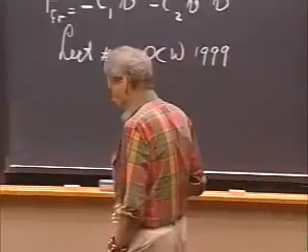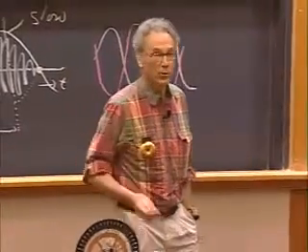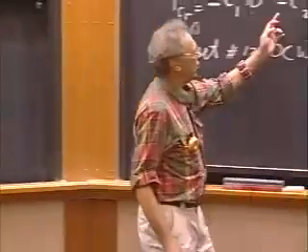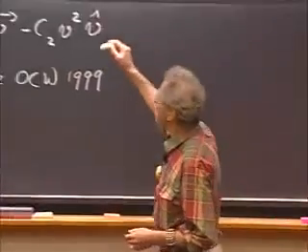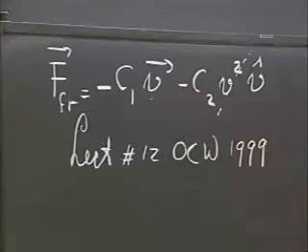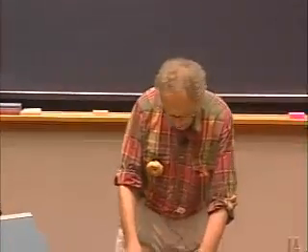To manage the math, it becomes almost impossible, except when you want to do it numerically, to take both terms into account. And so, to be nice to you in 8.03, we always ignore this term, and we only take that one into account. And of course, that is only valid if the velocities are low, which is often the case, but of course not always.